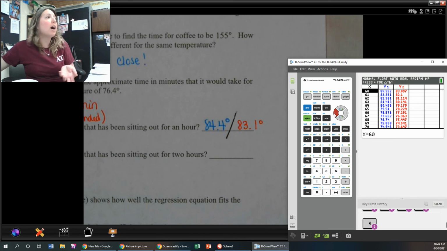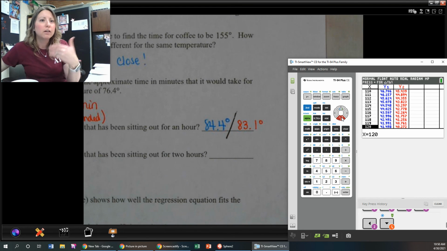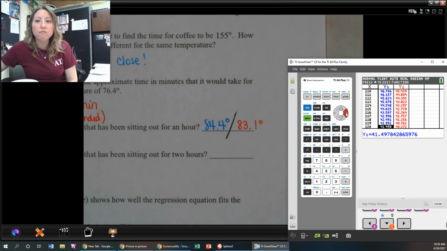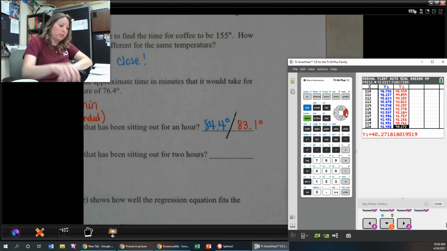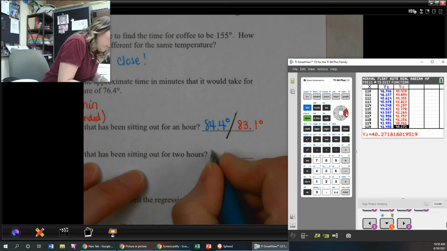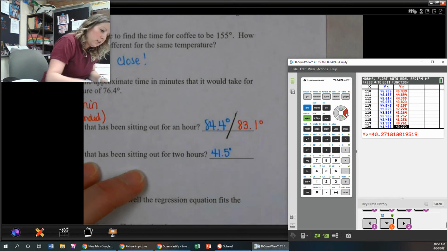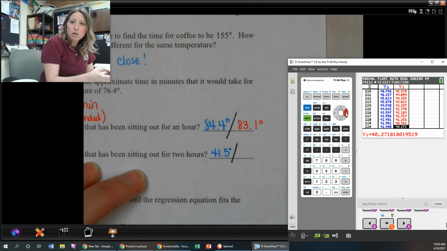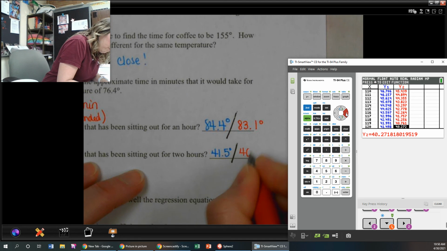And then how about coffee sitting out for 2 hours? Well, if 1 hour is 60 minutes, 60 times 2 is 120 minutes. So we got to scale way down, right? Now notice I'm just using my arrow to go down, but you could also change where your table starts from. So if I look across, we have 41.5 degrees versus 40.3 degrees.